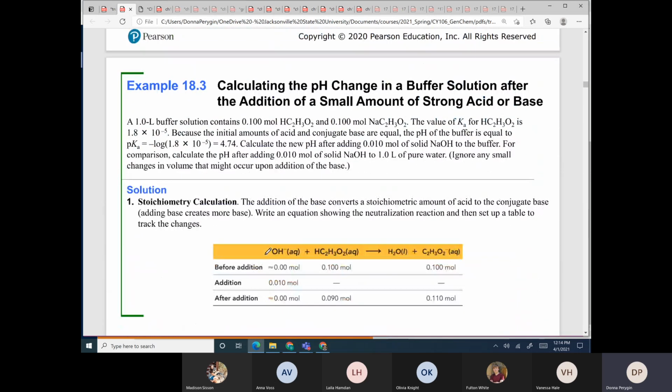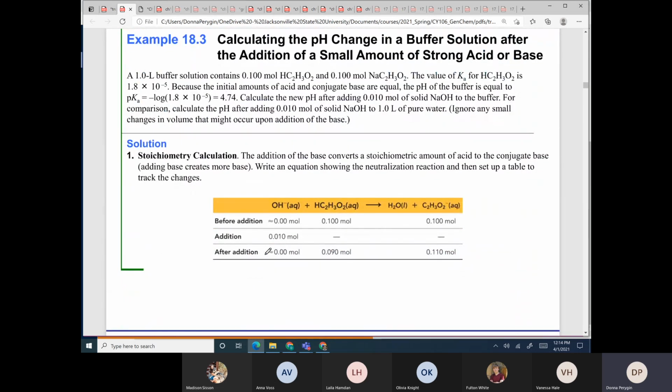Let's see. Calculating the pH change in a buffer solution after the addition of a small amount of strong acid or strong base. So we learned that if we have just a buffer solution, we can calculate the pH from the Henderson-Hasselbalch equation.